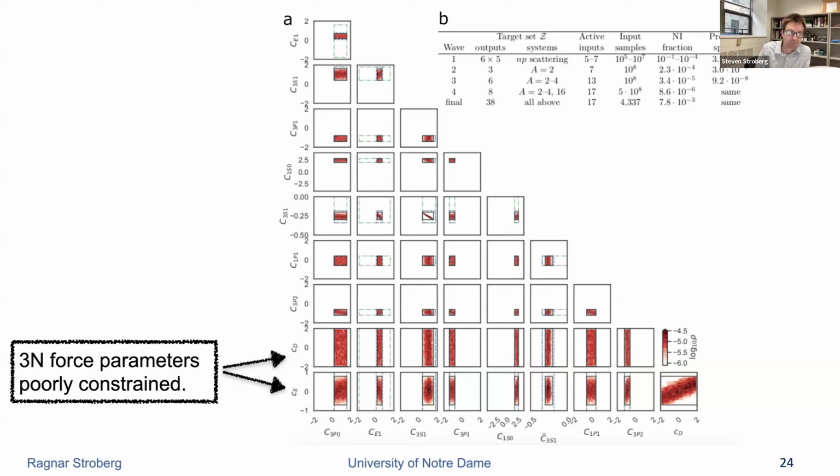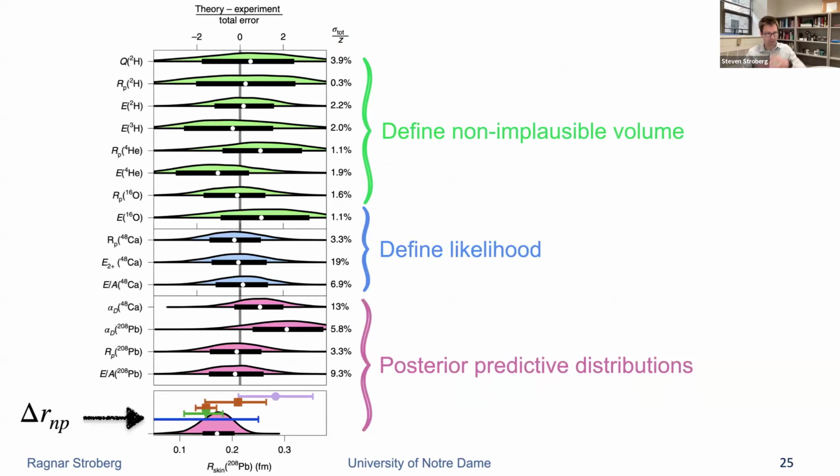This is now summarizing how we did everything in a Bayesian picture. What's being shown here, each of these lines is a different observable, and we're showing the discrepancy, theory minus experiment divided by the total error. So you think about this in units of sigmas.